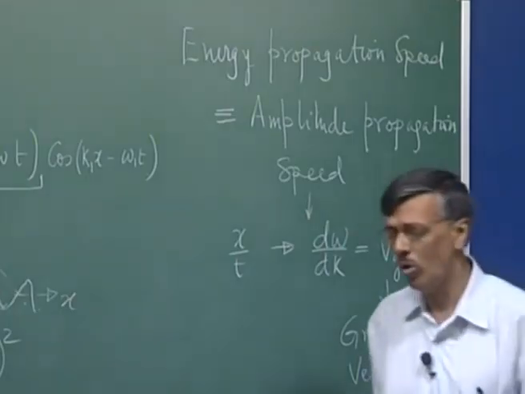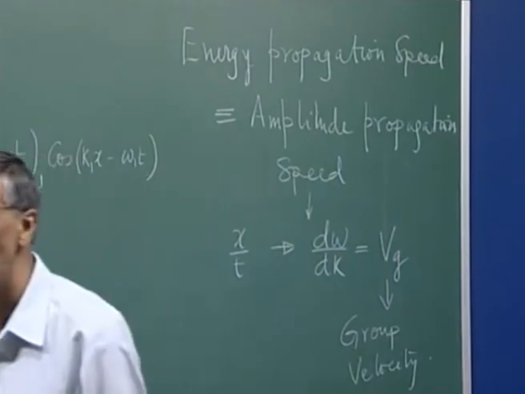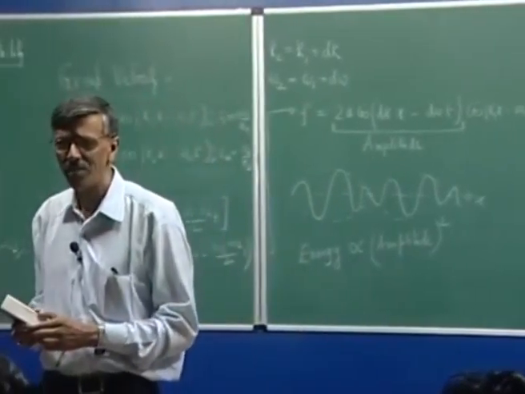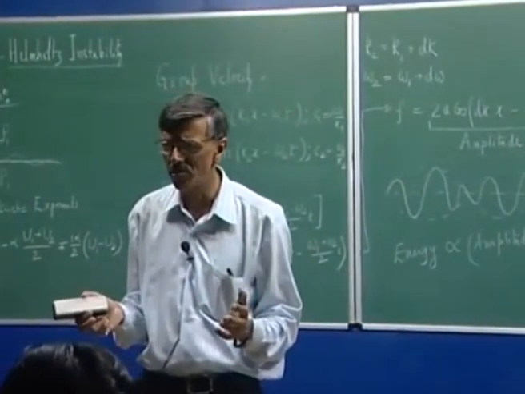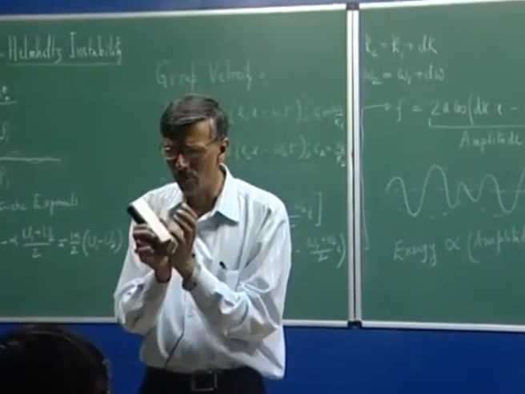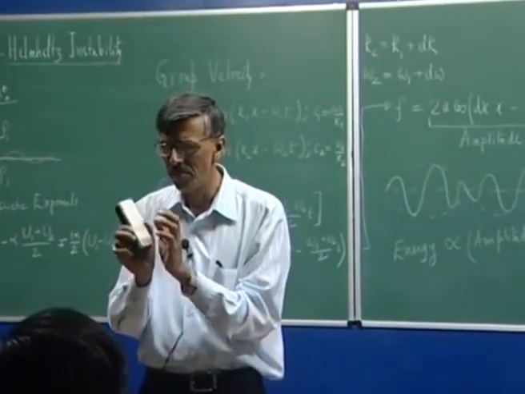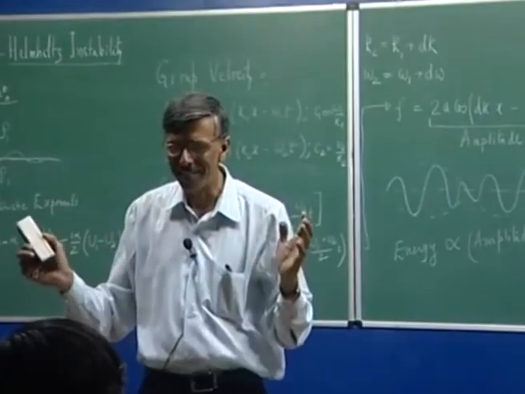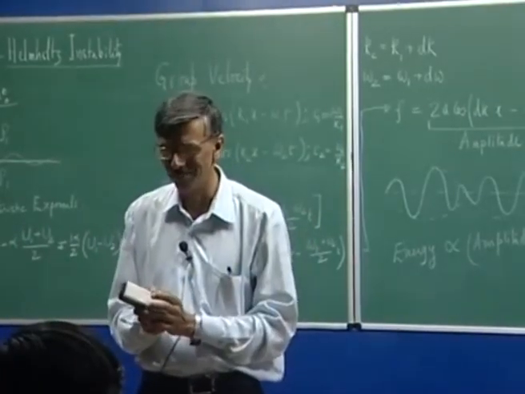Right? So what we are getting is a new concept: if we have a collection of waves, then around the center of some wave number, we can see they all group together.